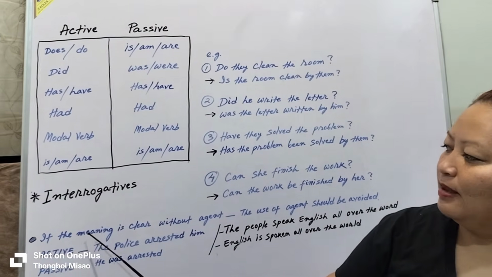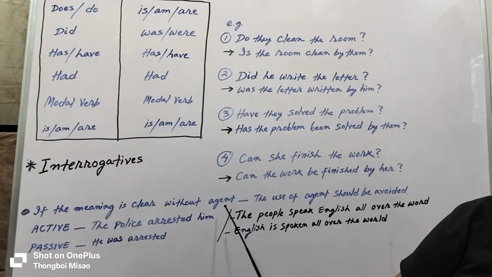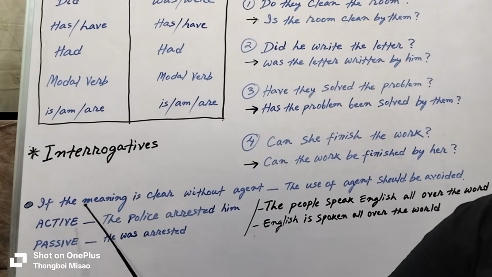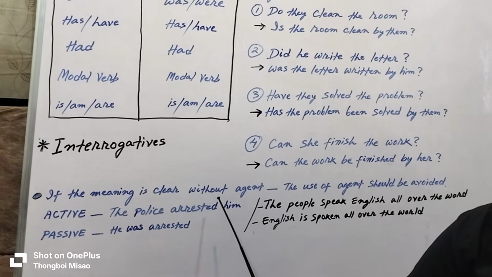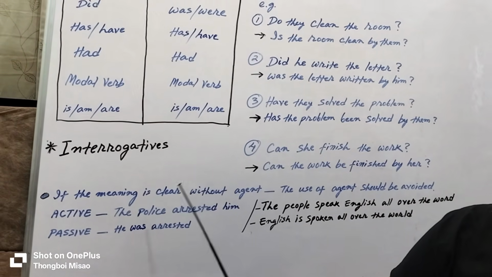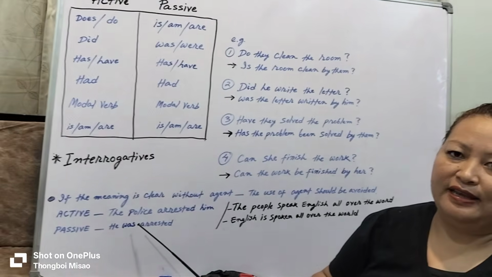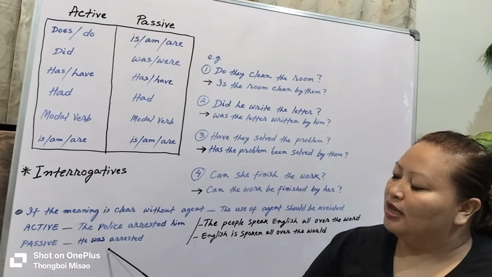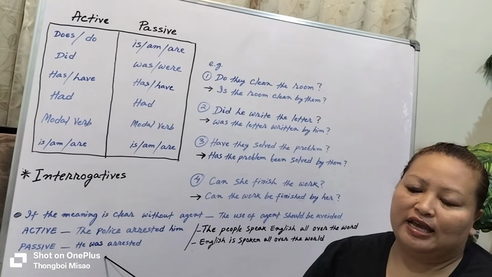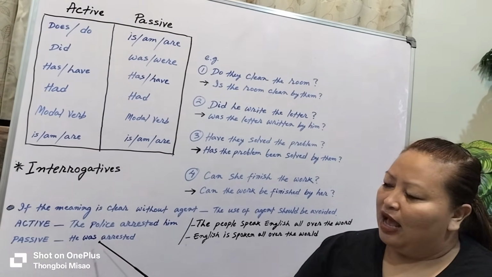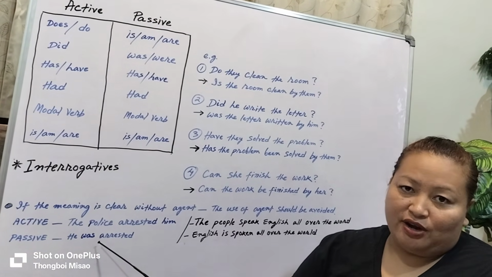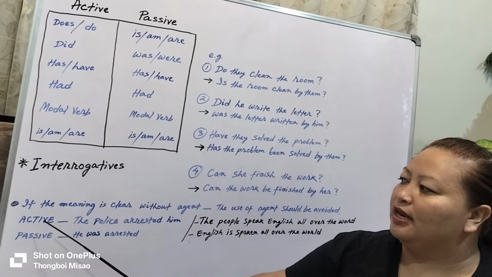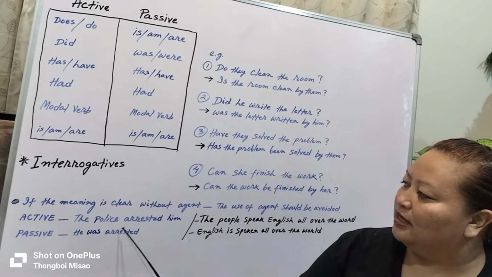If the meaning is clear without the agent, the use of the agent should be avoided. This is used in newspaper reporting, with passive voice. Example in active: The police arrested him.